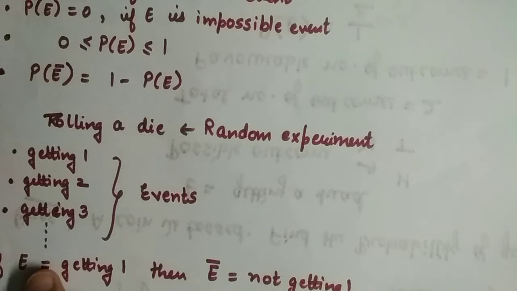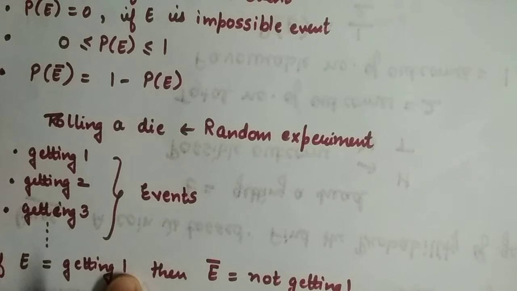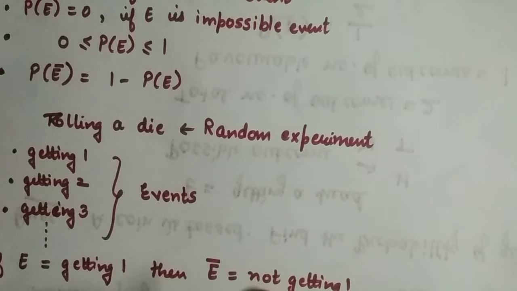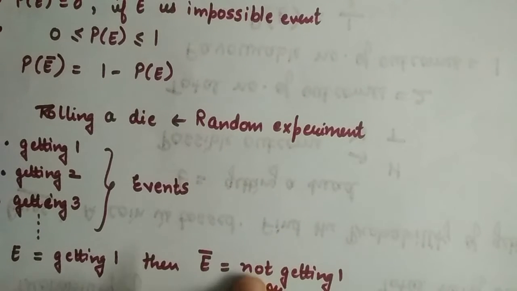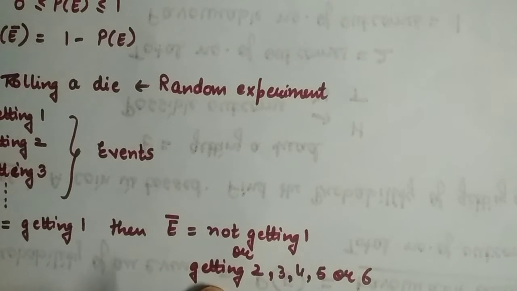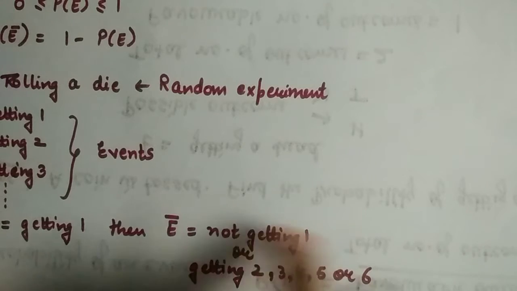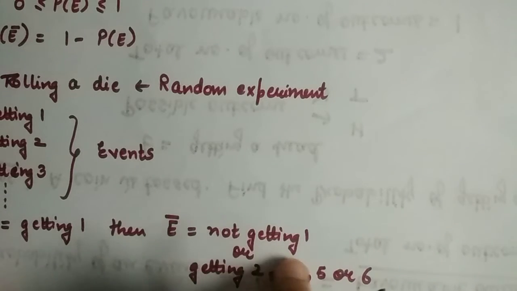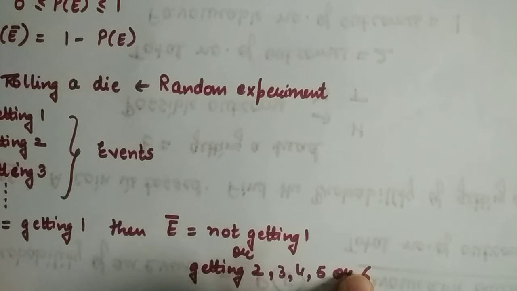If we suppose that E is the event of getting 1, then E bar is the complementary event, that is the event of not getting a 1, or we can say that it is the event of getting 2, 3, 4, 5 or 6, but not 1. So not getting 1 or getting 2, 3, 4, 5 or 6 is one and the same thing.